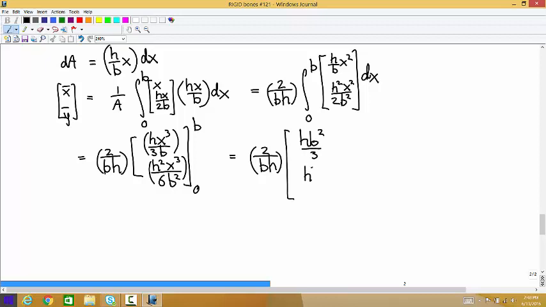So you get h squared b over 6. And now multiply the constant in front. And you get 2b over 3. And for the y component, you get h over 3.